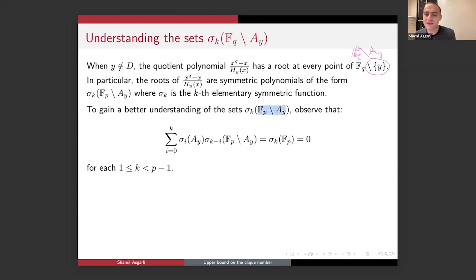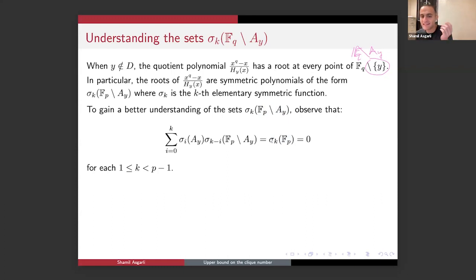So of course, Fp minus ay also consists of the complementary set. So everything is fine. And for this, we know the definition of elementary symmetric functions. If you think about it, to get sigma k of Fp, you're taking all possible combinations of the elements in Fp, and then you're adding them.